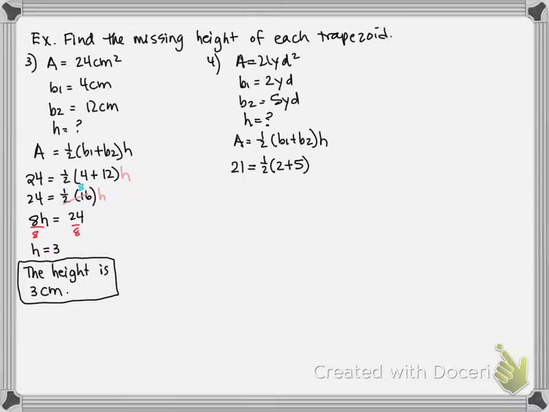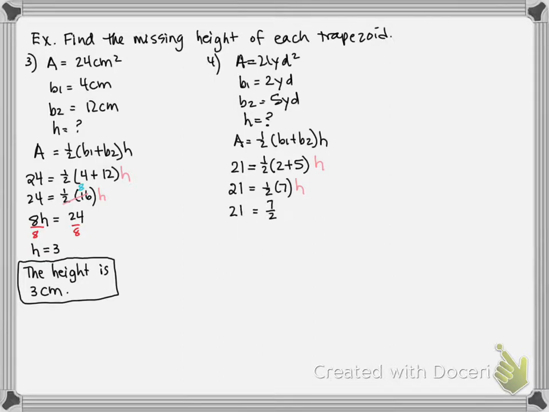And then h is just h. So we're going to go ahead and simplify. We get 21 equals 1/2 times 7 times the height, h. Now I'm going to multiply 1/2 times 7. So that's going to give me 21 equals 7/2 h.